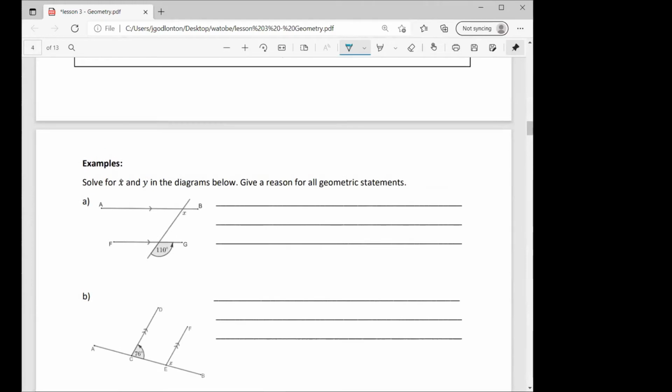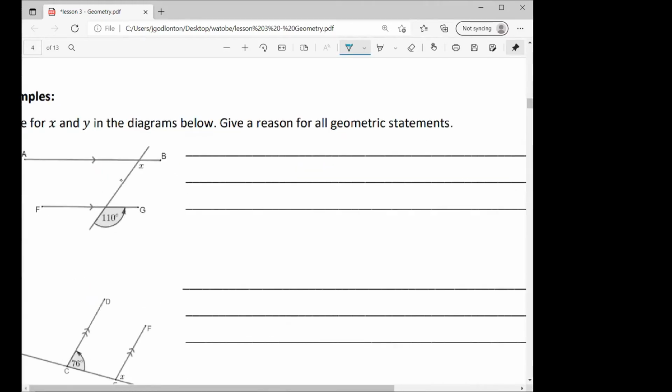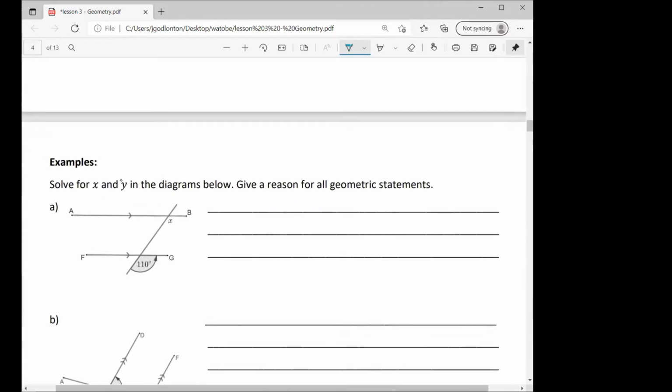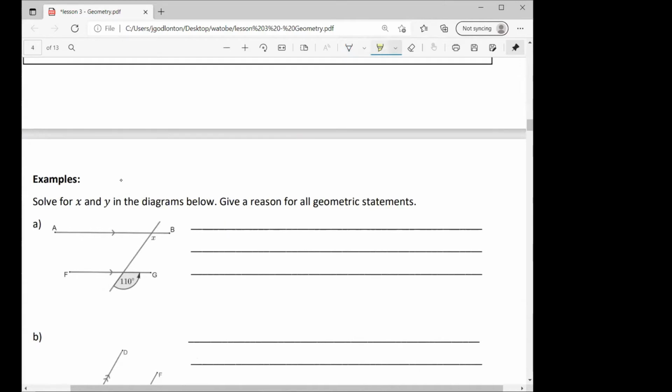So the first two are really nice and easy. There's nothing stressful about them. It's really just to start learning how things work. If I'm looking at this first question, I see I have a parallel line here and a parallel line there. Now I'm trying to create that F that I know is corresponding.